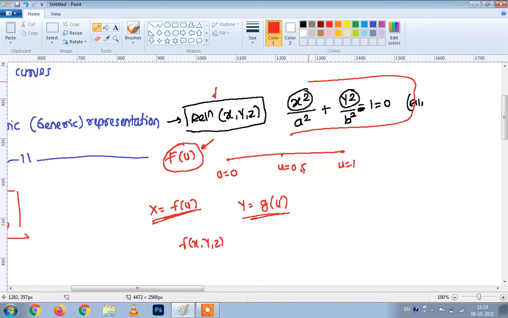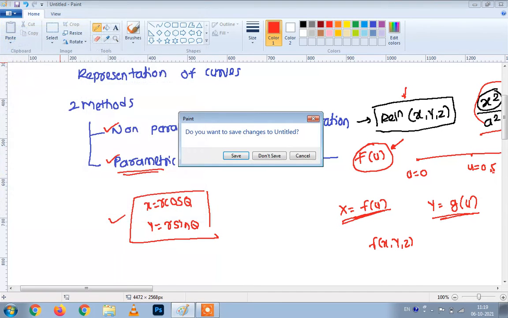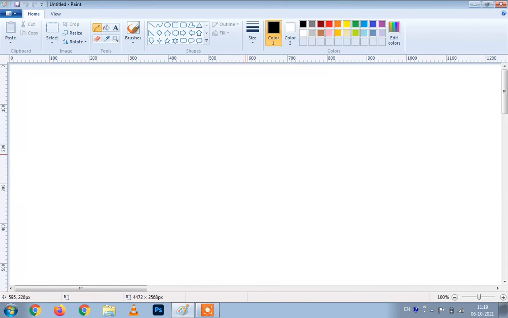At least it is expected that you write 3 valid points. So these are the 3 valid points of the non-parametric and parametric differentiation. After this we will see in detail what the different forms of non-parametric equation are. There are again 2 types of non-parametric representation.